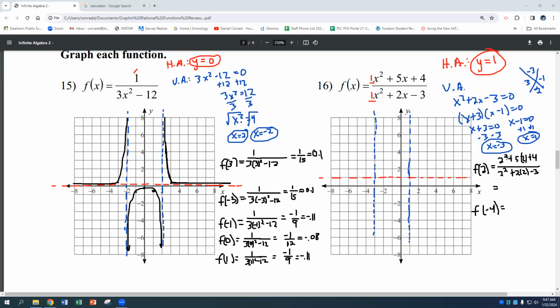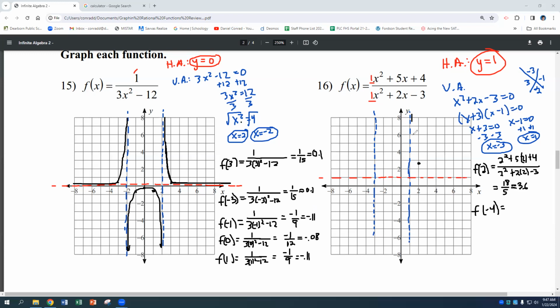That's going to be 4 plus 10, that's 18, over 4 plus 4 is 8, minus 3 is 5, which is going to give me exactly 3.6. Okay, so 2 comma 3.6 is going to be right here.